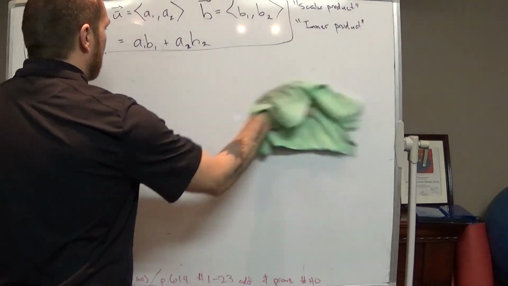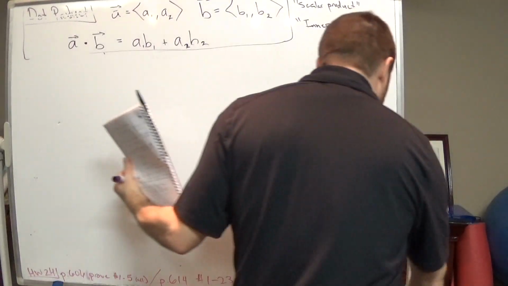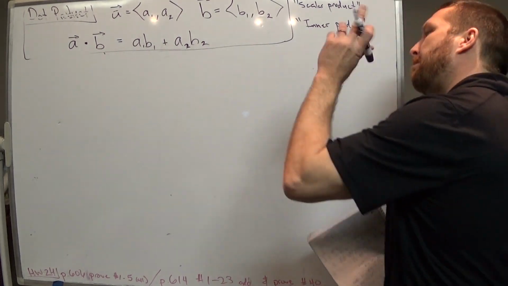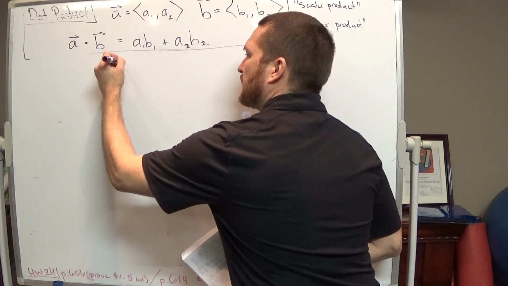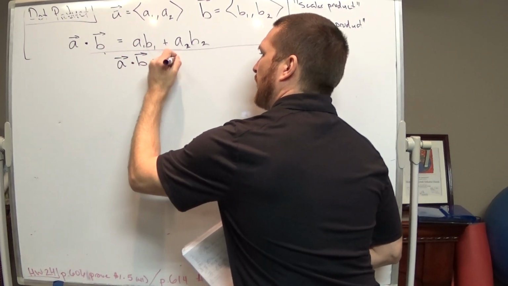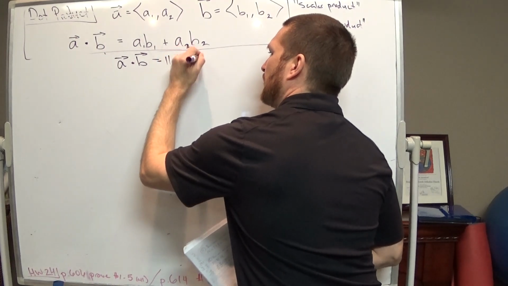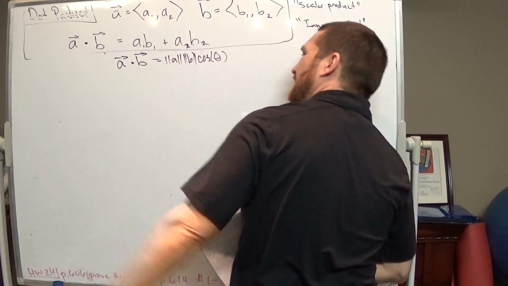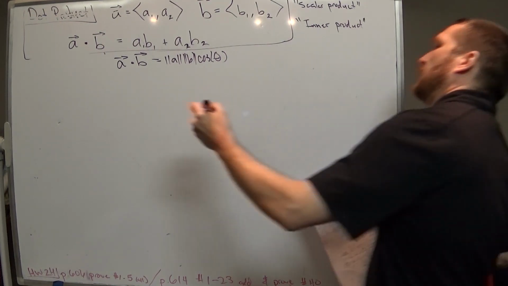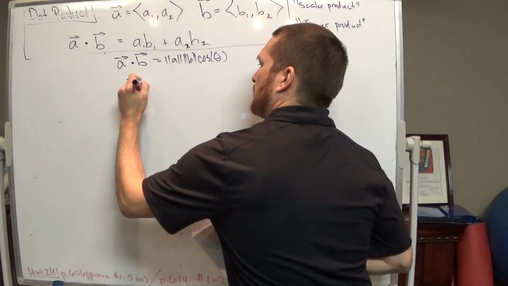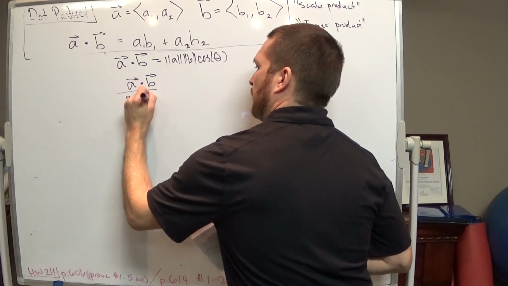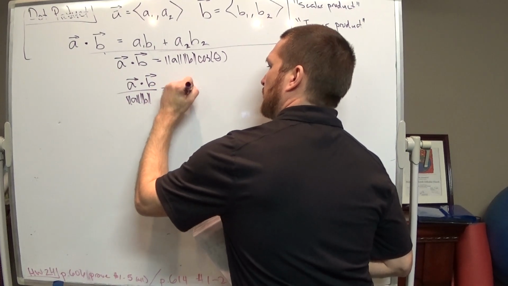So now here's another thing though. Let's recall this. A dot B equals magnitude of A times magnitude of B cosine theta. So A dot B over the magnitudes of A and B equals cosine theta.